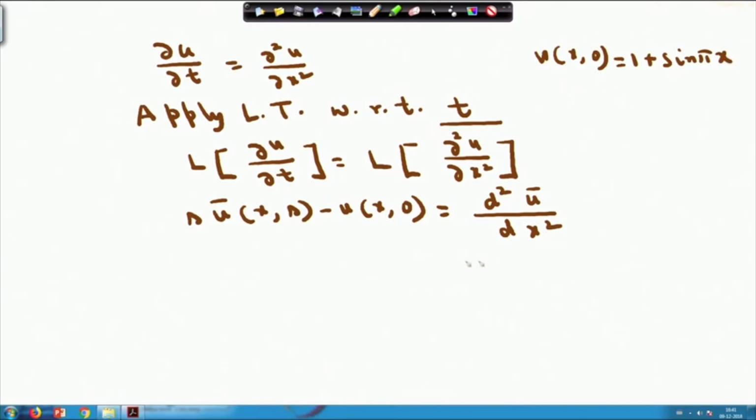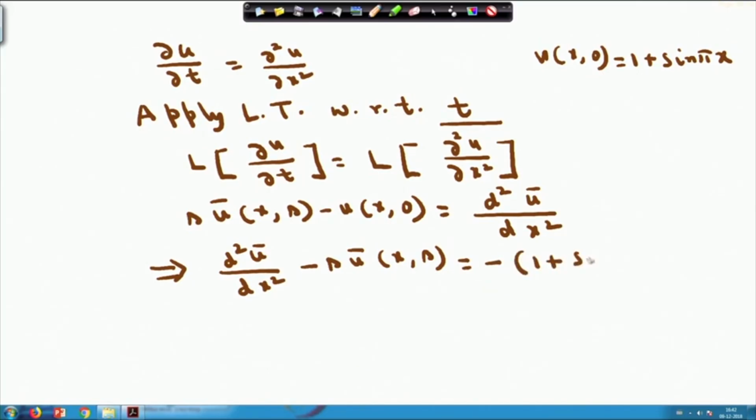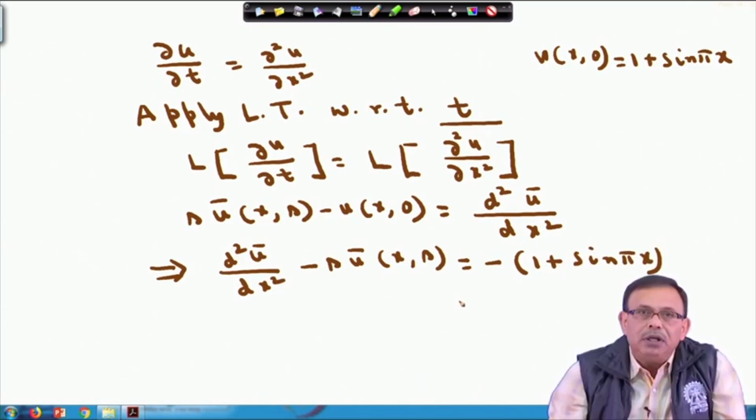If I substitute this, then I can write the equation as d 2 u bar by dx squared minus s u bar(x, s) equals minus u(x, 0), so minus (1 plus sin pi x). Whenever a second order PDE is given, using the Laplace transform you are converting it into a second order ODE. Please note this one.